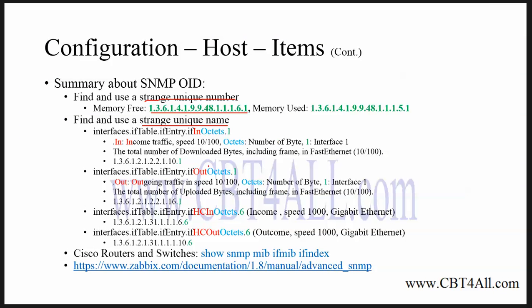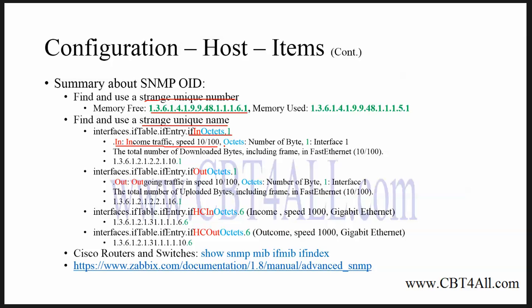So what does it mean? It means when we use these strange keywords, the "in" means we are talking about incoming traffic for the speed of fast Ethernet or 100 megabit per second.